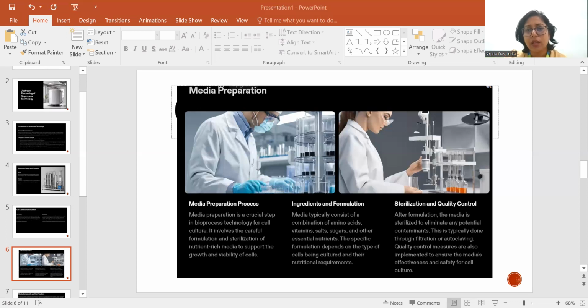Okay. Regarding, as I said, water is one of the most important ingredients which is being utilized for microbial media formulation. It is one of the major things. If we don't provide water, microorganisms will not be able to grow.